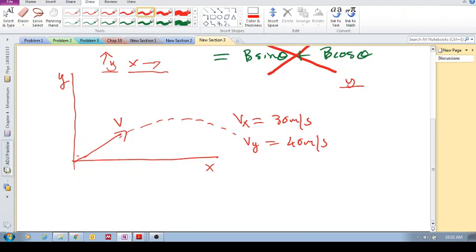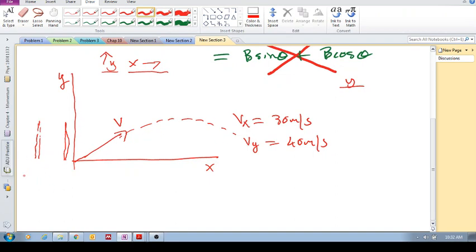We can treat this projectile in the vertical direction as simply a ball that gets thrown up and comes down. If you stand with a tennis ball, you throw it up and it comes down. That's exactly what's happening to this projectile motion in the vertical direction.